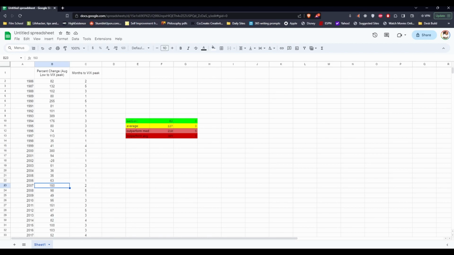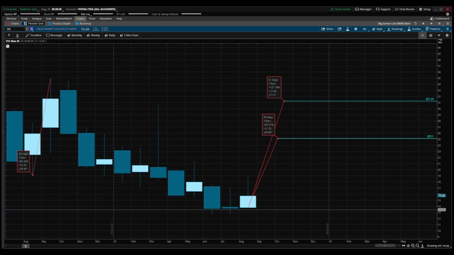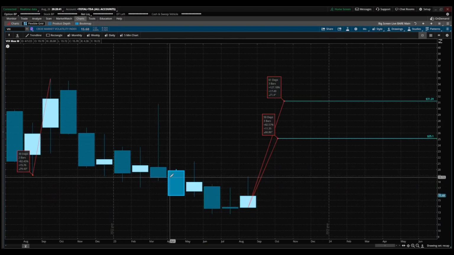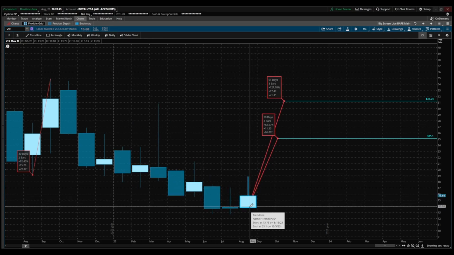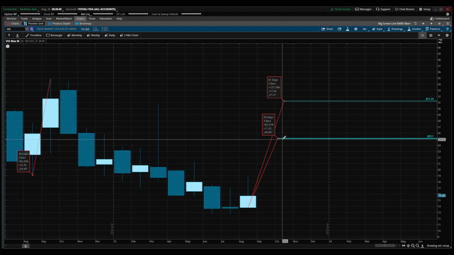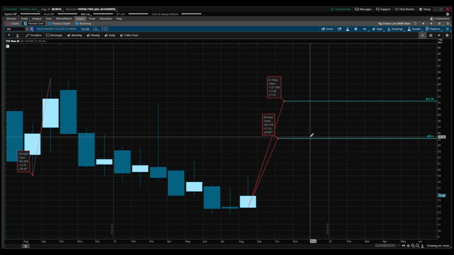So with that being said, I wanted to mark out what that would look like for the year 2023. This is the year 2023, and this is the VIX on a monthly chart. An 82% move from the August low would put us at a 25 VIX.